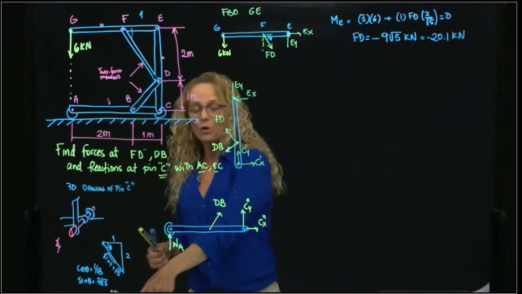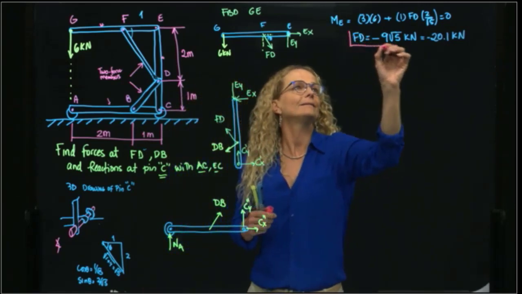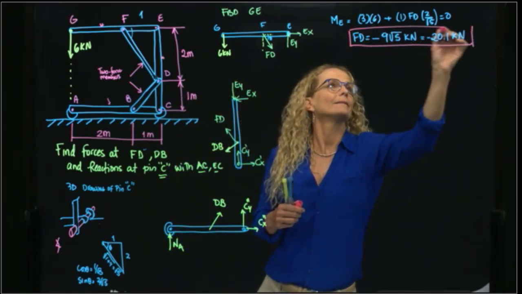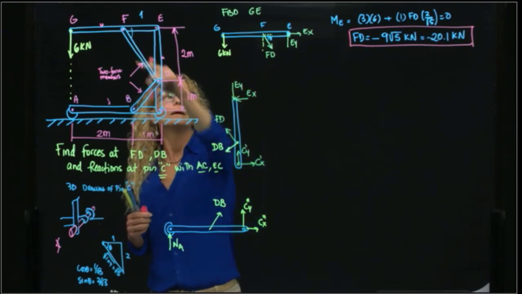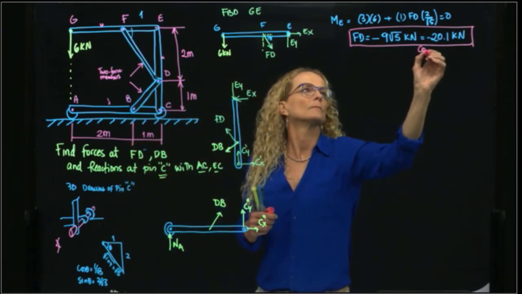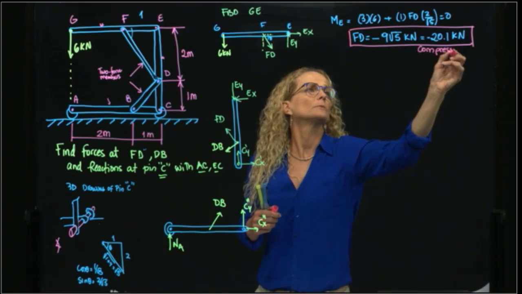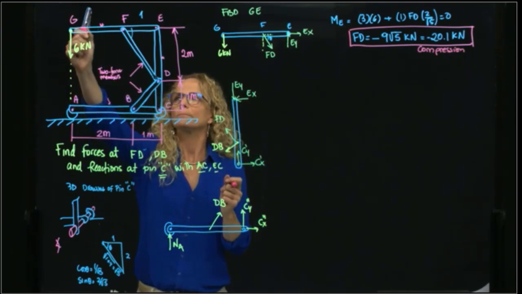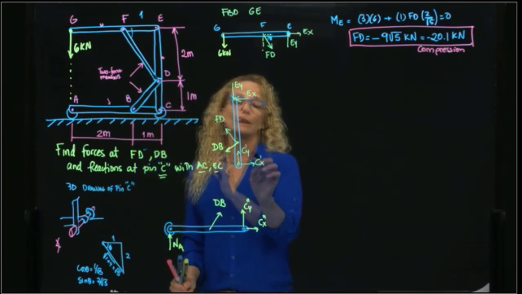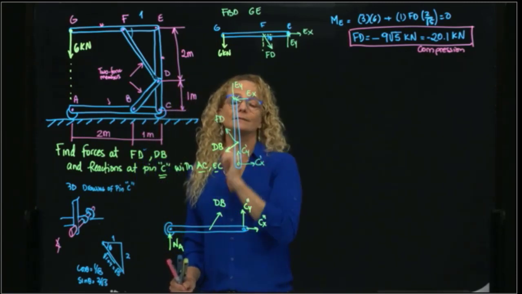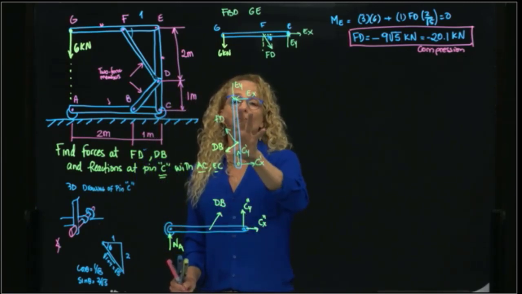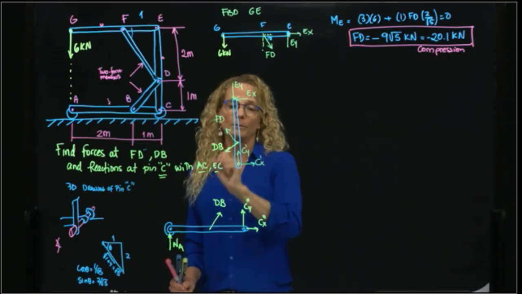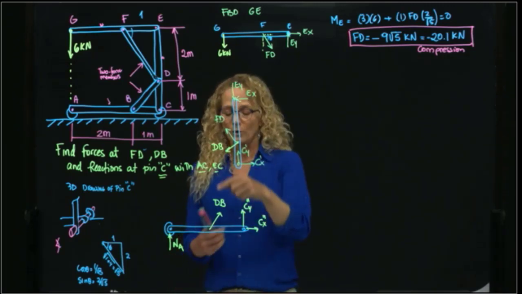So I know that this weightless link right here is in compression, which makes sense because I am pulling point G. Here I have 1, 2, 3, 4, 5, 6 unknowns. So in order to use this free body diagram, I will find these two reactions.